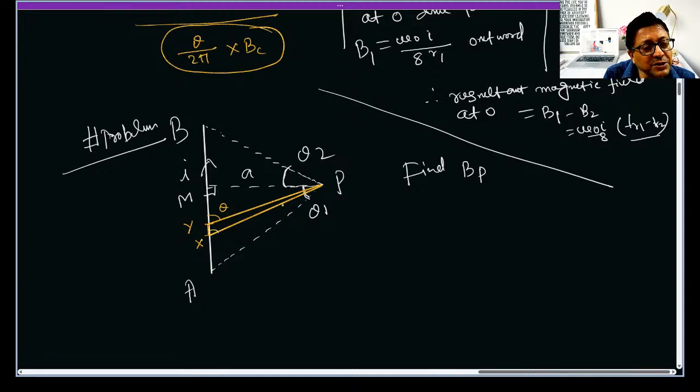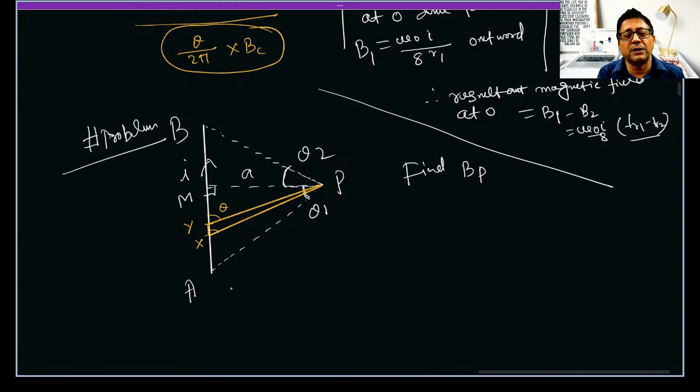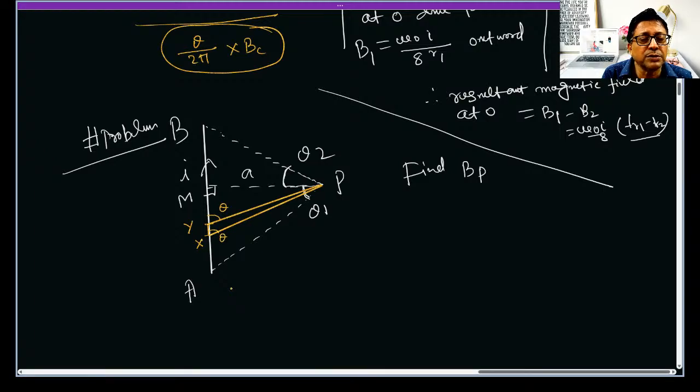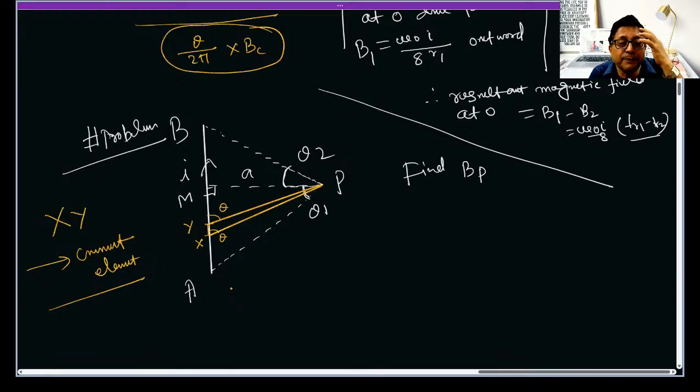Then this also theta, because it is a current element, very small part. This angle is also theta. XY is the current element. Find magnetic field at P.